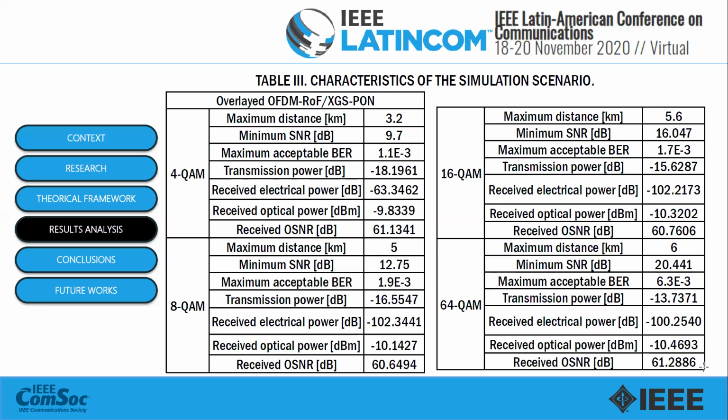We have a summary table with the characteristics of the simulation scenario. We see all the parameters that we are remarking here: maximum distance, minimum SNR, maximum acceptable BER, transmission power, received electrical power, received optical power, and the receiver SNR.